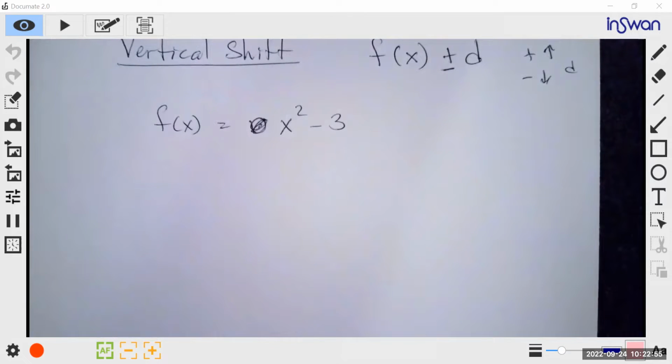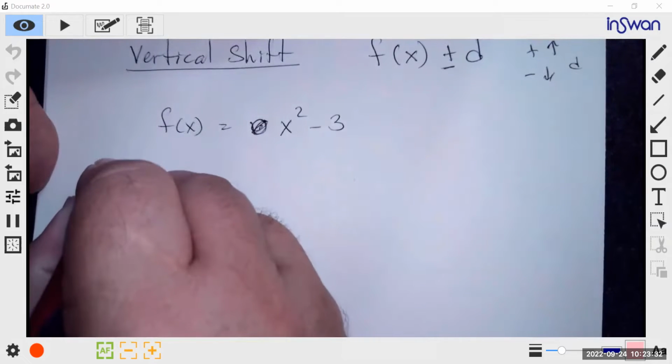How about that? What's the original function?